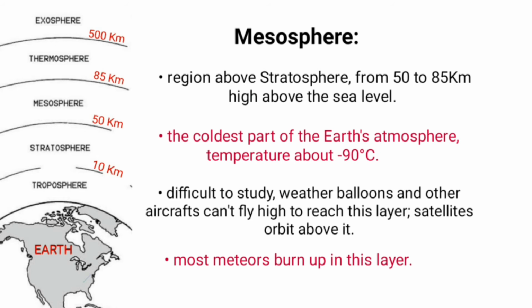It's difficult for the scientists to study this layer because weather balloons and other aircrafts can't fly high to reach here, and the satellites orbit above it. Most meteors, after entering the Earth's atmosphere, burn up in the mesosphere.